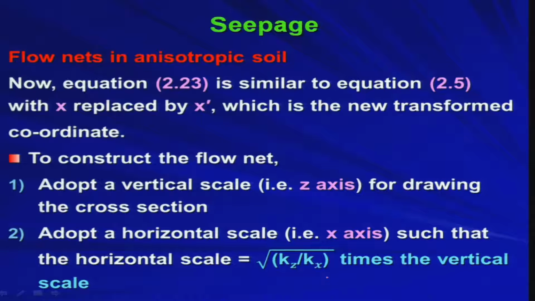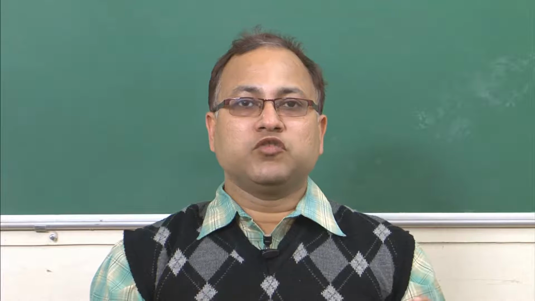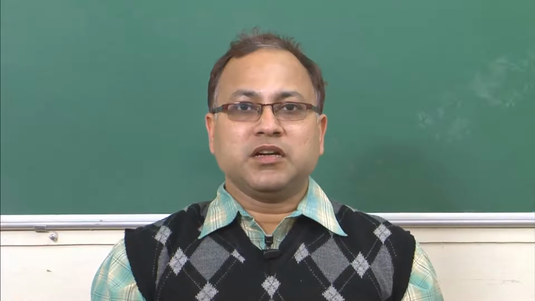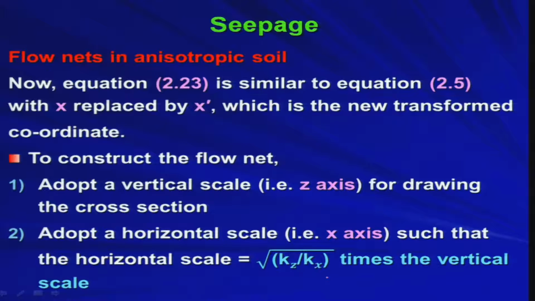Equation 2.23 is similar to equation 2.5, which gave del 2h del x2 plus del 2h del z2 equal to 0. Equation 2.23 is the same equation as 2.5 with x replaced by x prime. That is the only difference, the new transformed coordinate.